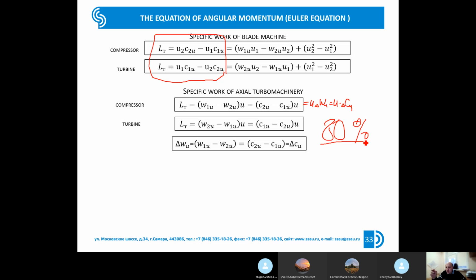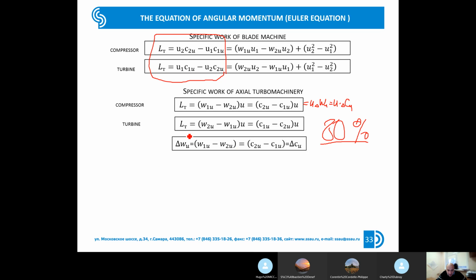And in future you will see that when you need to analyze the working process of the turbomachinery, the first action is to write the Euler equation. And you need to analyze how the circumferential velocity is changed, how delta CU or delta WU are changed, and in many cases you will find the answer to your question, how the working process of the turbomachinery will change in your task.